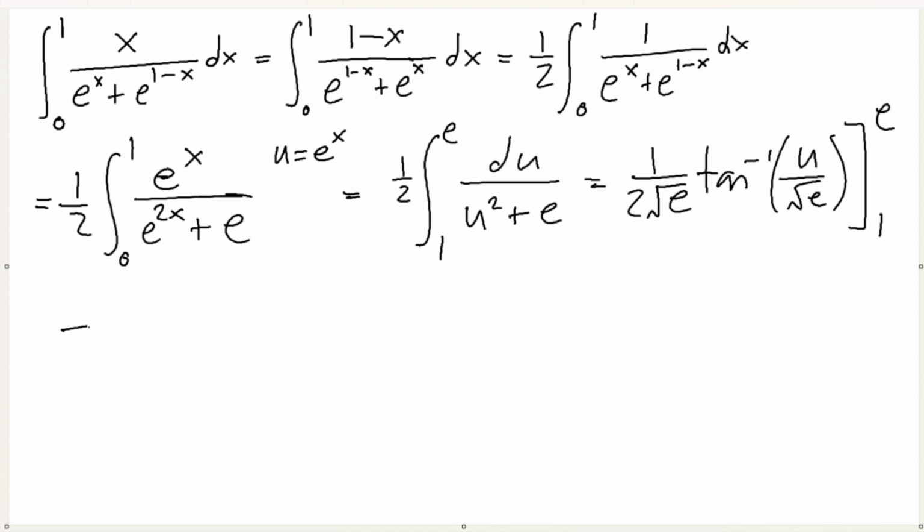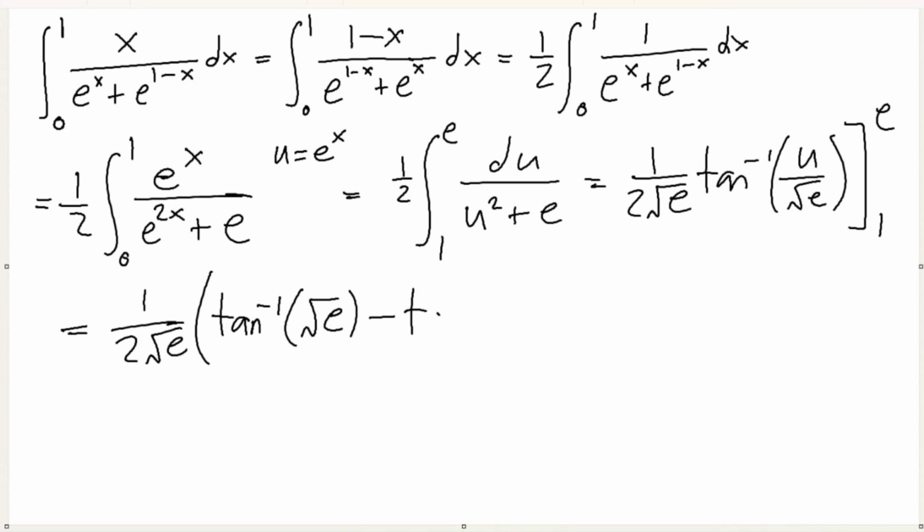And so our answer is the inverse tangent of square root of e minus the inverse tangent of 1 over root e. Dang, this would have been nice if this was plus, then it would just be pi over 2, and it would have been like pi over 4 root e.